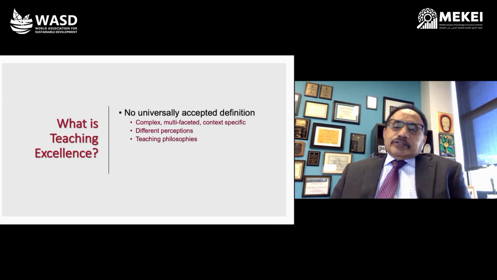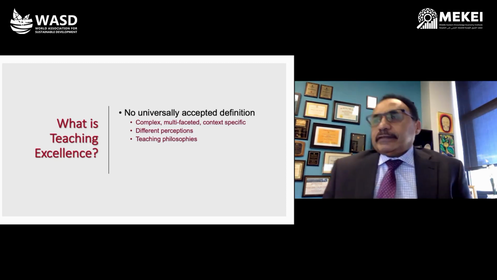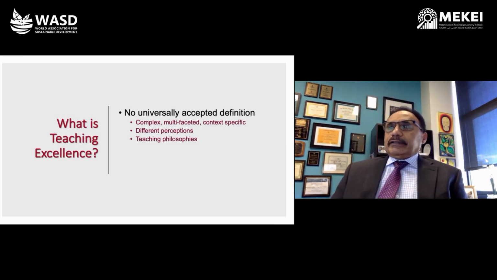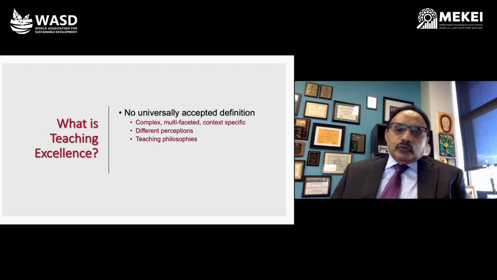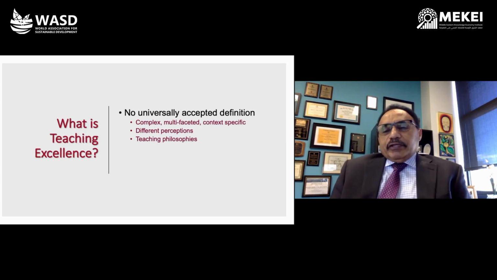Because teaching is complex, multifaceted, and it is context specific. So it means different things in different disciplines, different institutions. Also, the perception of teaching excellence is different if you ask the student, if you ask the faculty, if you ask the administrator, they're going to look at it from a different perspective.